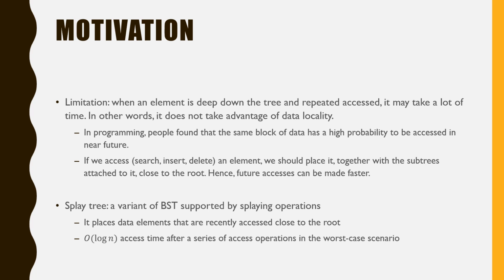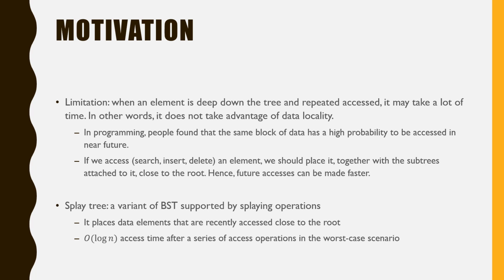One limitation of the AVL tree is that it cannot leverage data locality to speed up data access. The concept of data locality suggests that when a piece of data is accessed, it is likely that the same data and its neighbors will be accessed again in the near future.